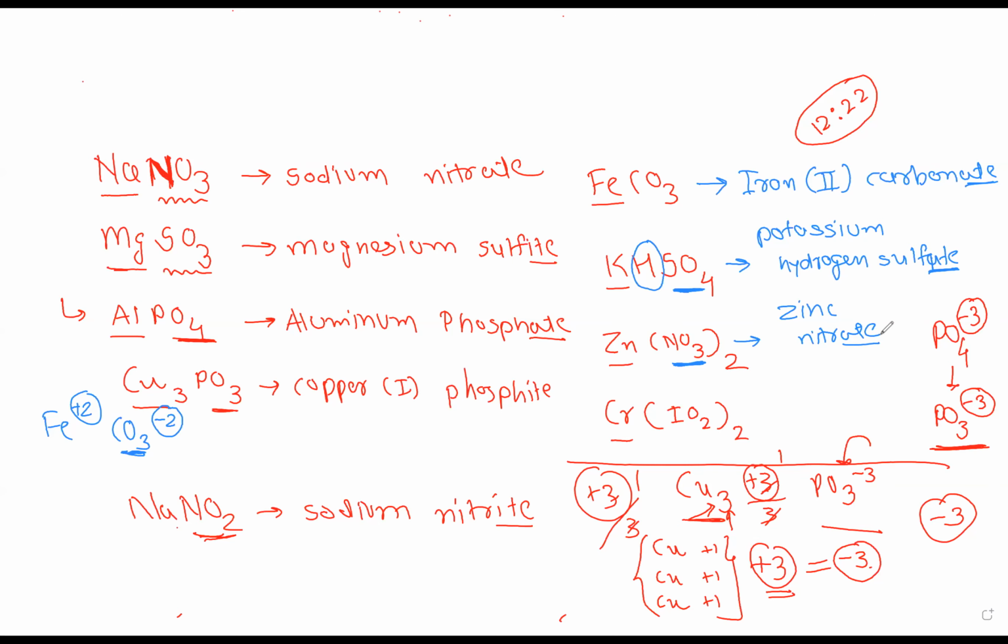Chromium 2 iodide, right? So I think I need more space to explain this. So I'm going to clear the screen and rewrite this. Okay, Cr(IO2)2.